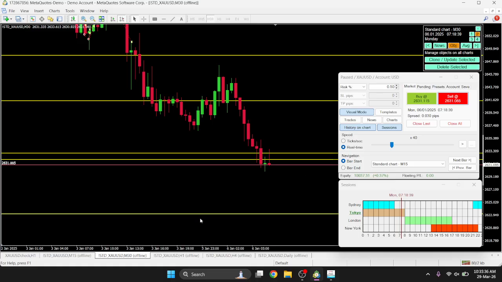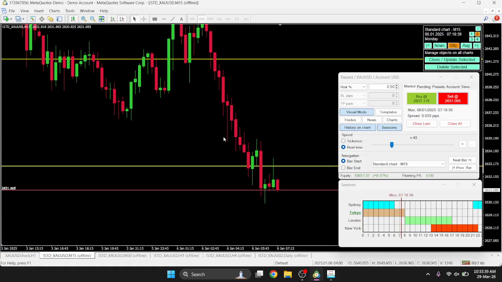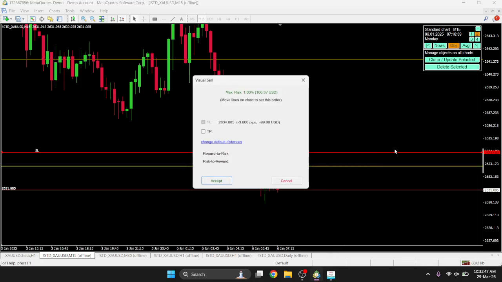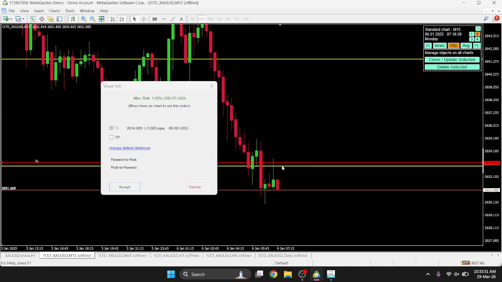I am risking 1% here. A plus setups mean a high probability setup. So my SL will be somewhere there. How many pips is my SL? Just 20 pips.